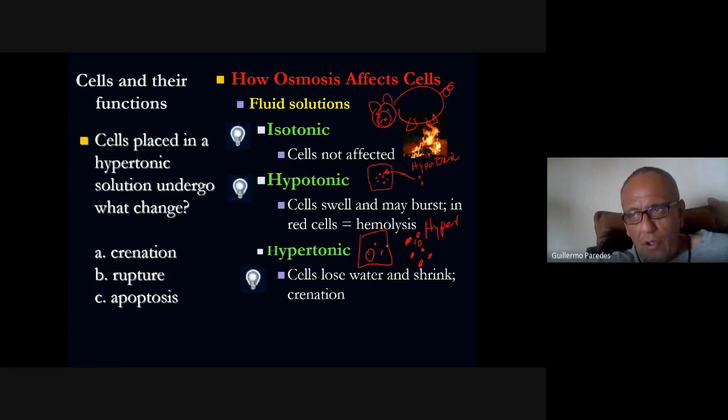Just remember, where it's more concentrated, that is where the water is going. So where is the water coming from? From the cell. Here it's the opposite, see? And that is going to produce what we call crenation. So in a hypertonic solution, that is going to cause crenation. We okay with that?